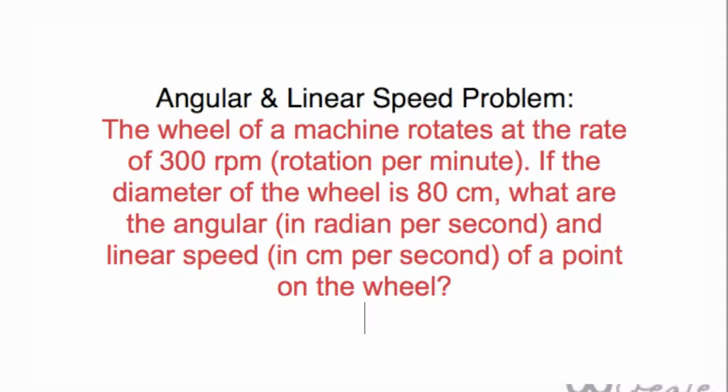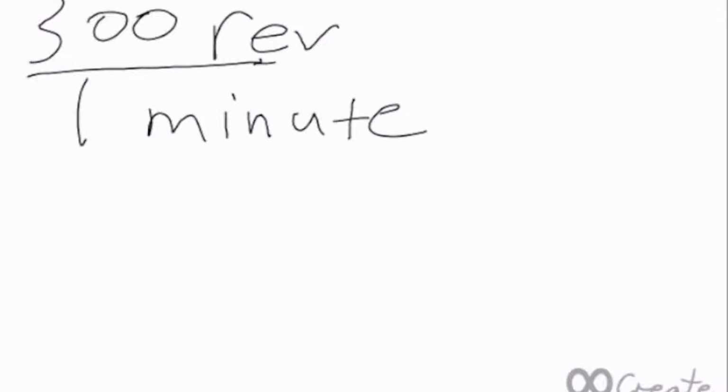So we're going to go ahead and start with 300 revs per minute, or rotations per minute. Means the same thing. And make sure you always write to the side the unit that you're working with. So we have revs per minute. And then it wants it in seconds, so we have to cancel out, and always cancel out by cross multiplying.